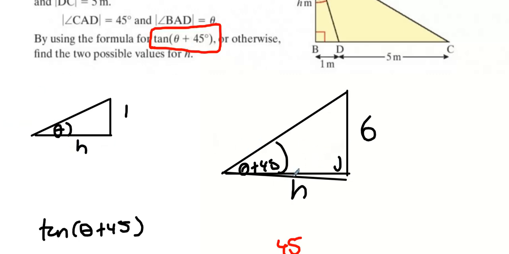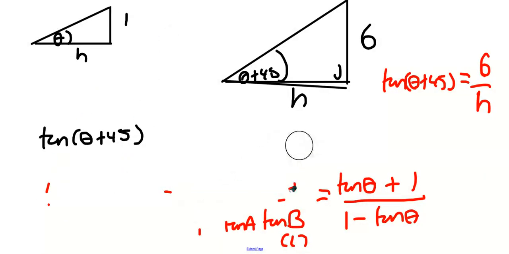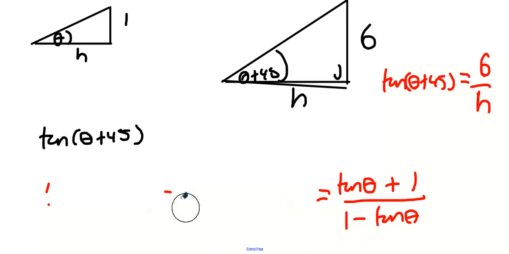Using my large triangle, what is tan theta plus 45? 6 over h, because it's opposite over adjacent. See that? So what can I do there? I can say that all of this equals 6 over h. How many variables do I have in this formula?